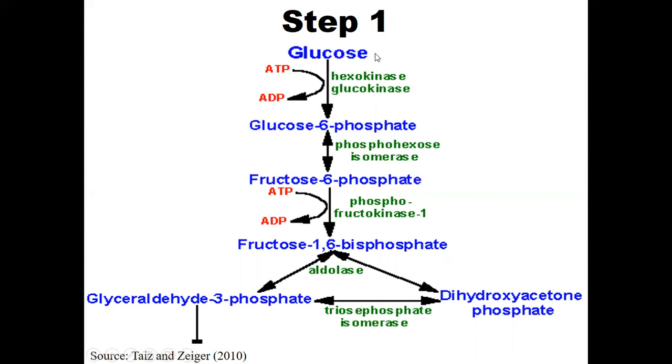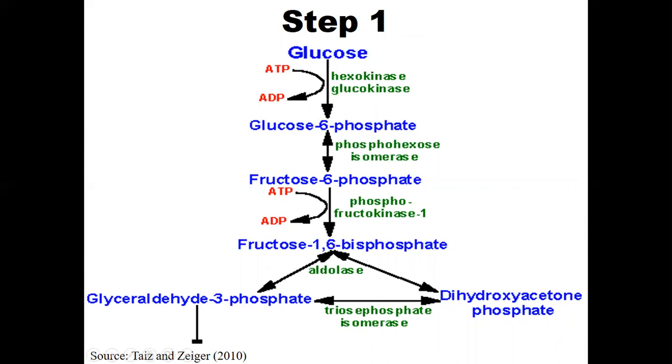It goes into the glycolytic pathway, and it is first of all phosphorylated, that is, a group of phosphate is added to the glucose in the presence of the enzyme known as hexokinase or glucokinase. So the glucose is phosphorylated into glucose 6-phosphate.